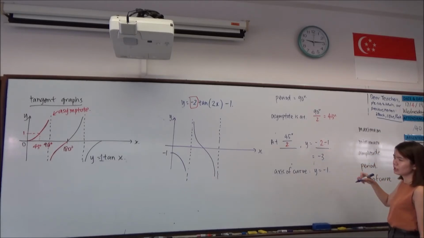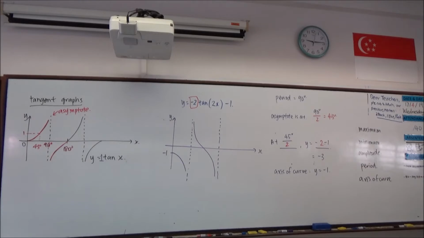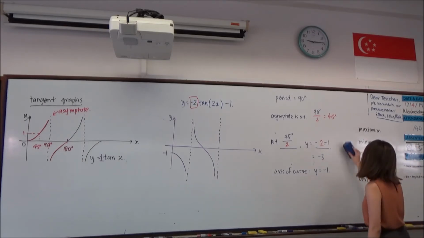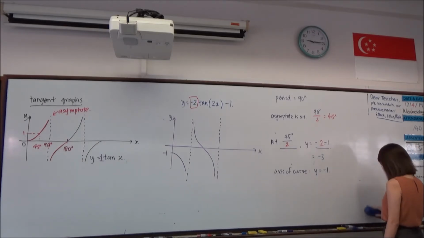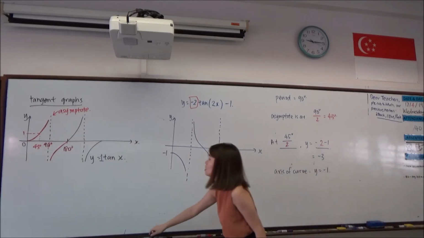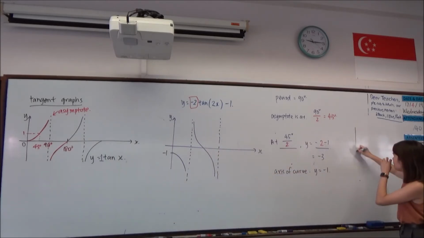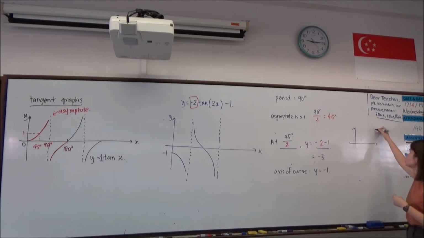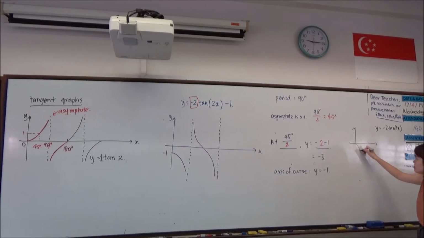Huh? Wait, sorry. Let me think first. This one goes downwards. So it's negative 2. Then after that, yeah, negative 2 minus 1, right? Yeah. Okay. Reason is because if we think about purely a y equals to negative 2 tangent 2x graph first, your graph will actually be like that, right?